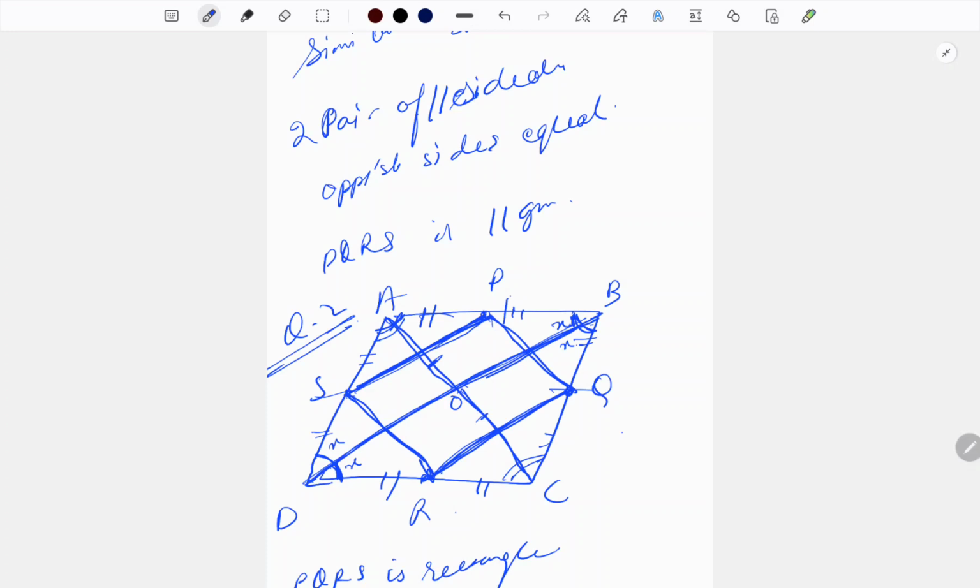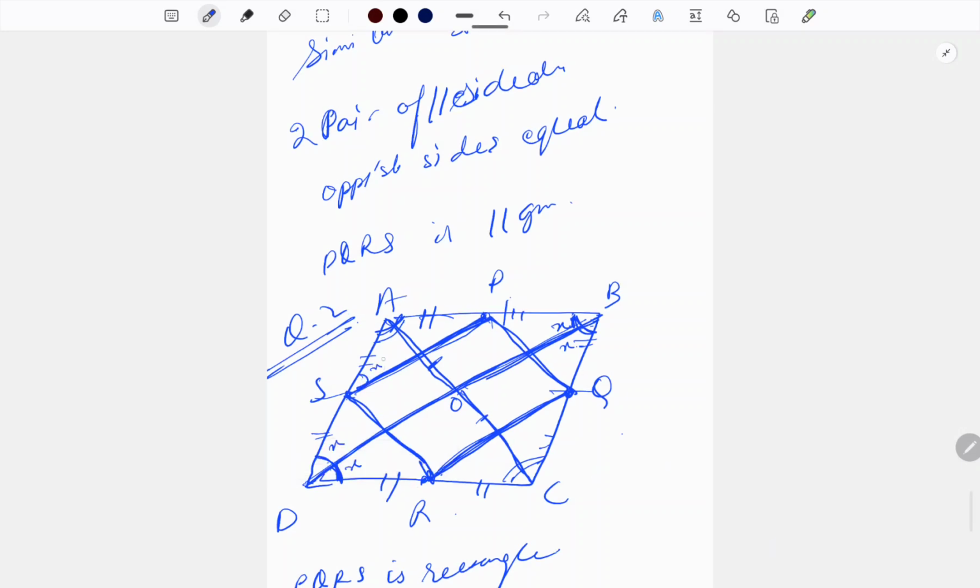So now what I'm trying to say is, if this is x, this will also be x, right? This is also x.